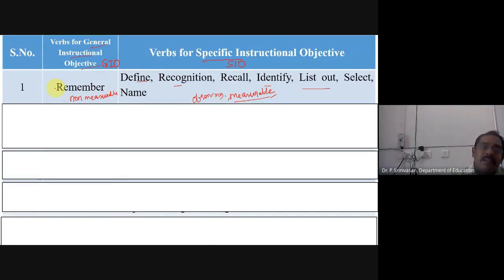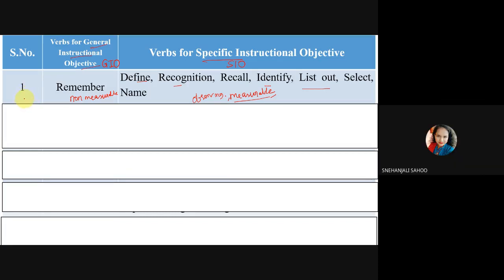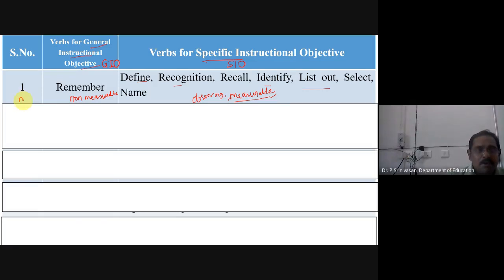I have said observable for SIO. What is the equivalent term for GIO? The opposite of that: non-observable. Very good. We cannot observe.